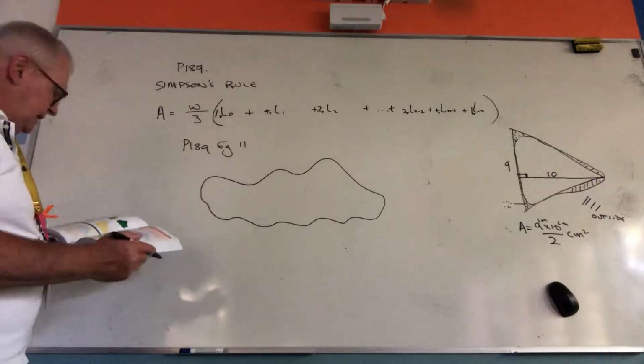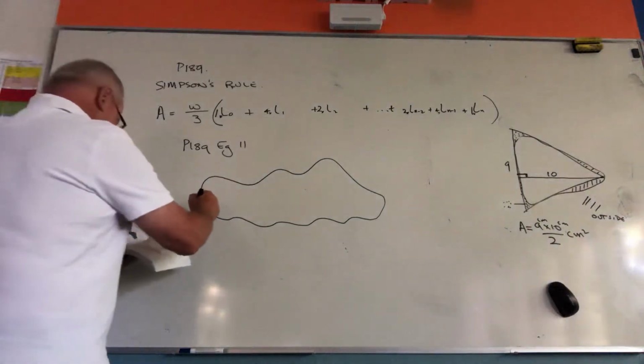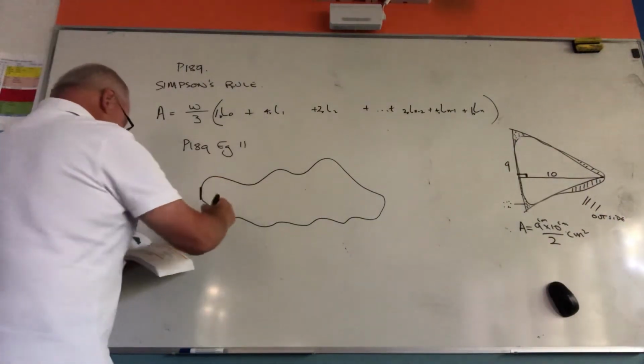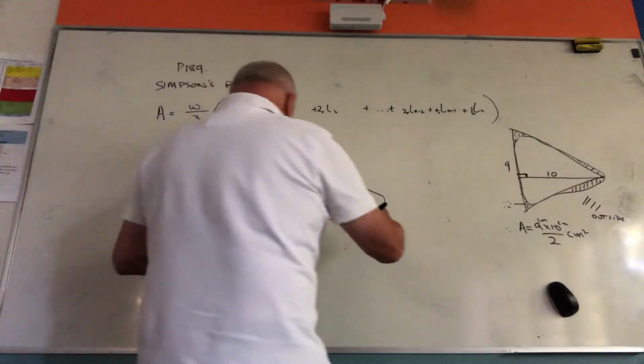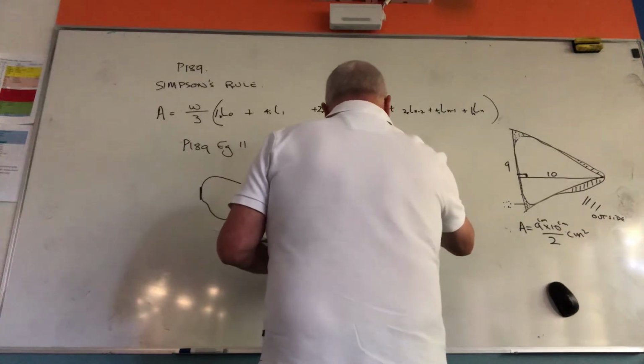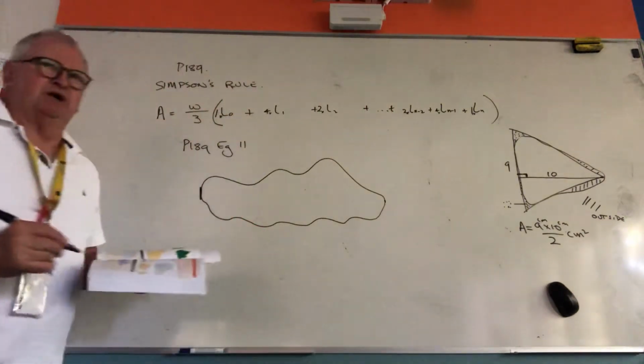Okay, now here are the lines when we draw them on here. The first line is there, and the last line doesn't really exist. It's over there. Okay, so the last line has no length.